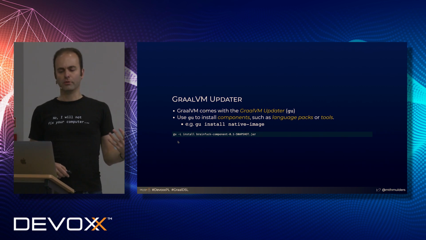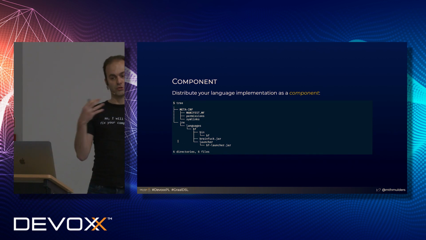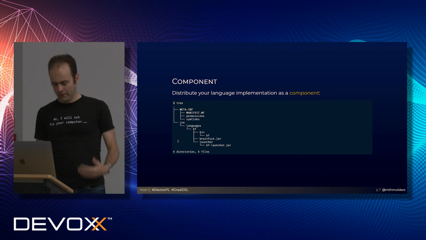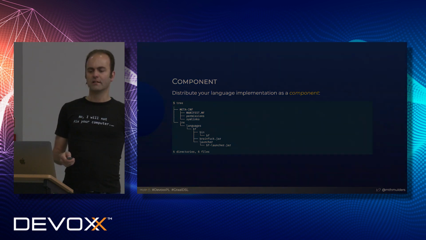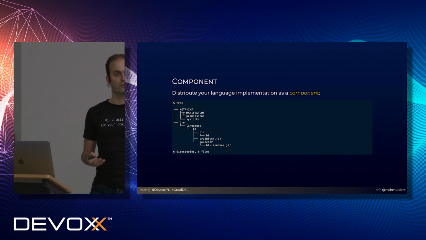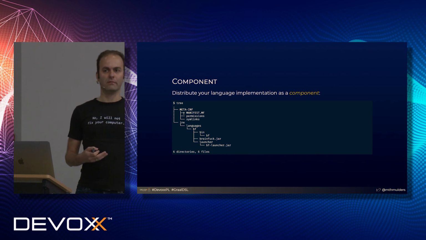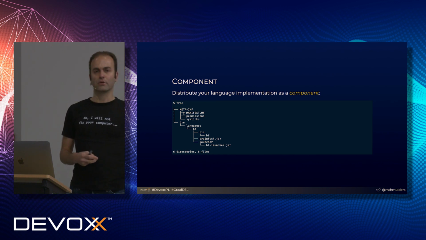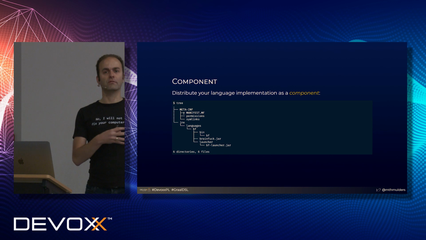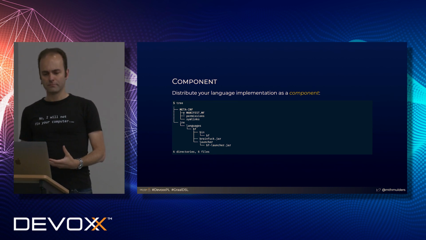Now, what does this component jar look like? It needs to have a specific structure inside. It's a basic jar file. There's a META-INF folder, which has a manifest, of course, which is just the standard stuff you'll find in a manifest. Plus, it has one or two extra fields describing, hey, this is actually a GraalVM component, and this is the identifier under which it should be listed.